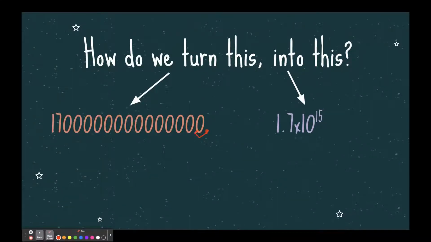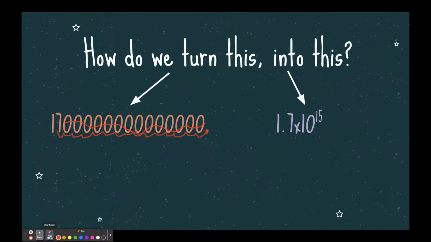We're going to go 1, 2, 3, 4, 5, 6, 7, 8, 9, 10, 11, 12, 13, 14, 15 places. So when we rewrite that, we can get rid of all these zeros, and we simply wind up with 1.7 times 10 to the 15th.